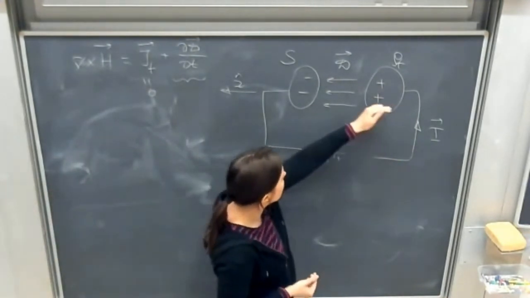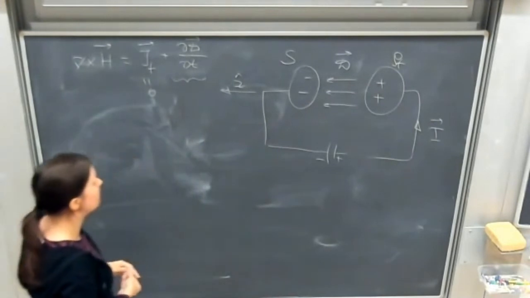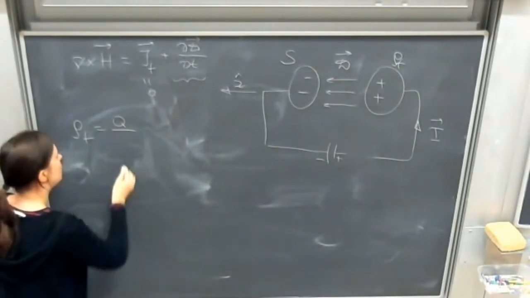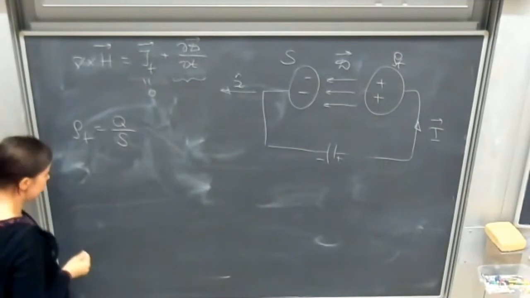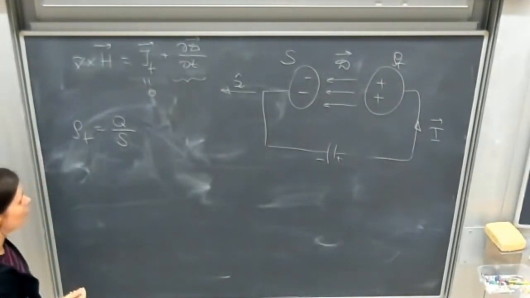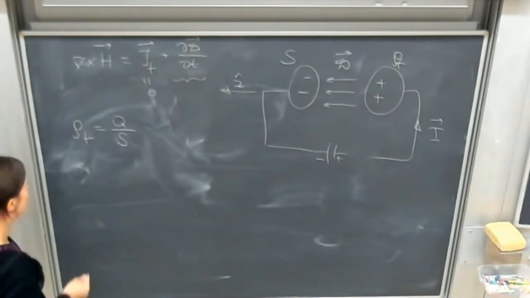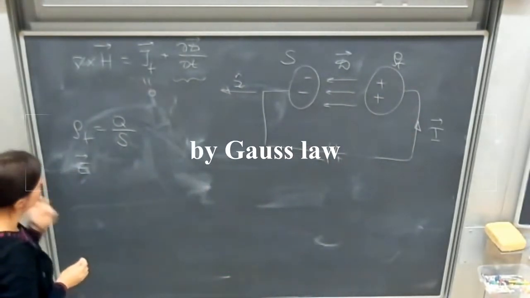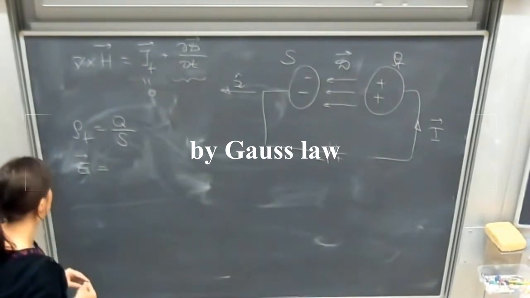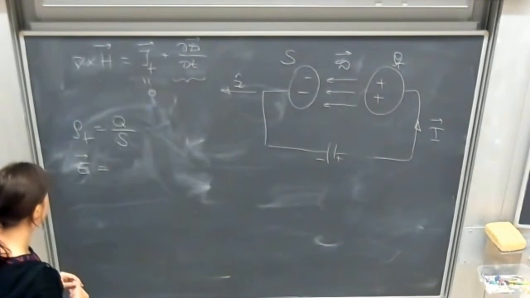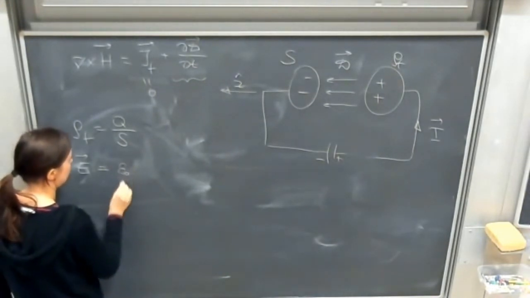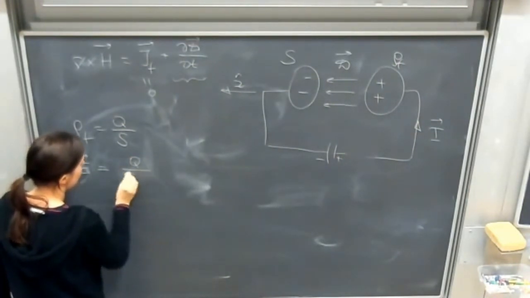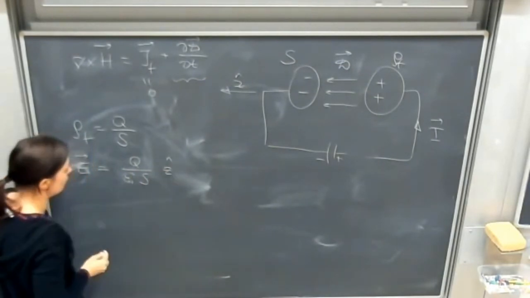When the capacitor is charging, the charges accumulate on these plates so that the charge density is charge per area S of the plate. Then the electric field before the plate is equal to Q divided by epsilon naught S in that direction.